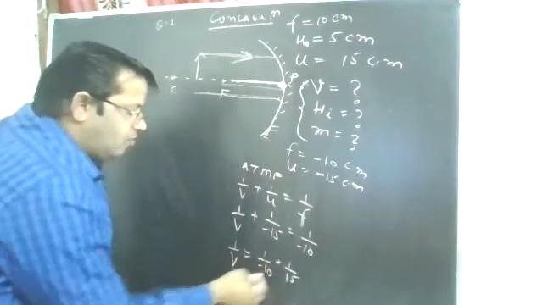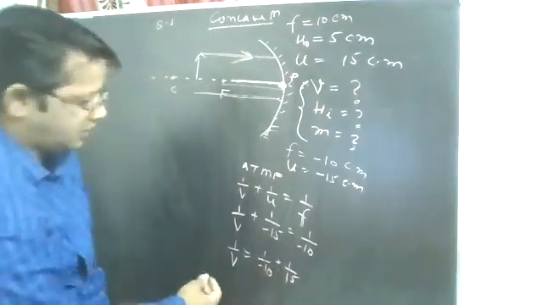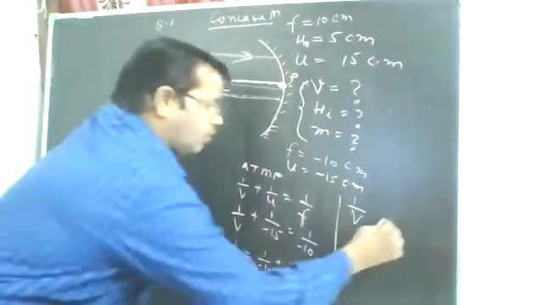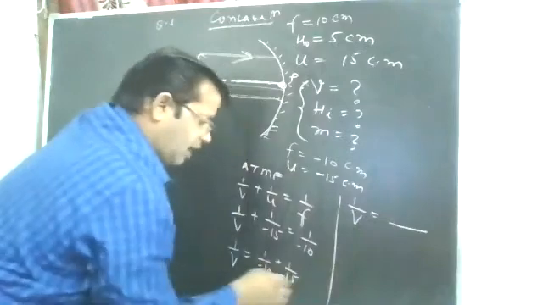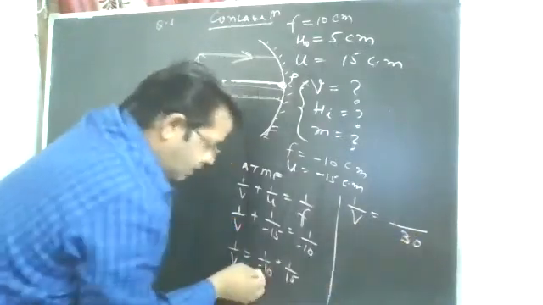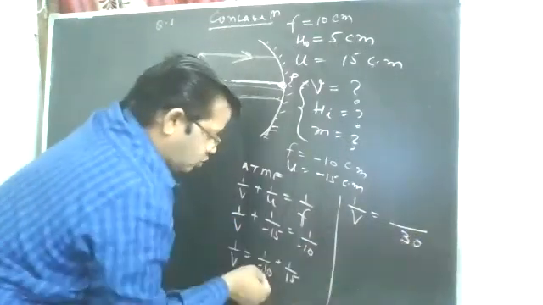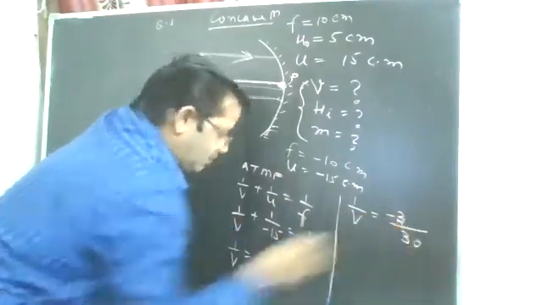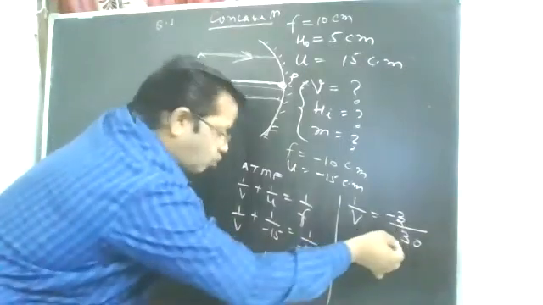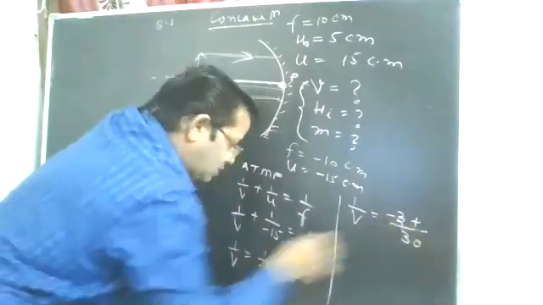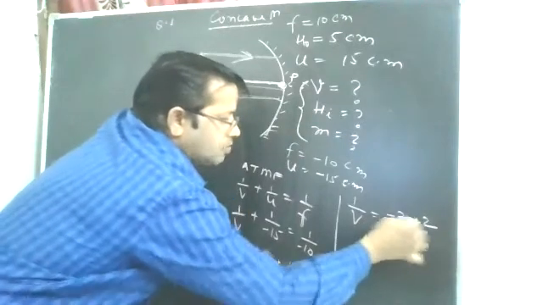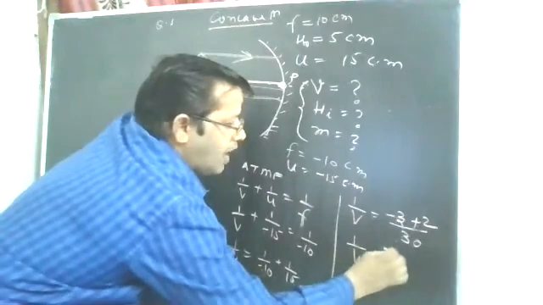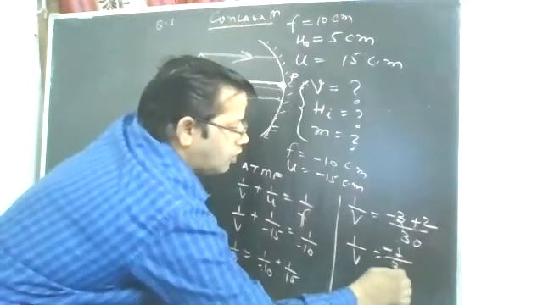The LCM of 10 and 15 is 30. 10 goes 3 times, giving minus 3, and 15 goes 2 times, giving plus 2. So minus 3 plus 2 gives minus 1 upon 30.